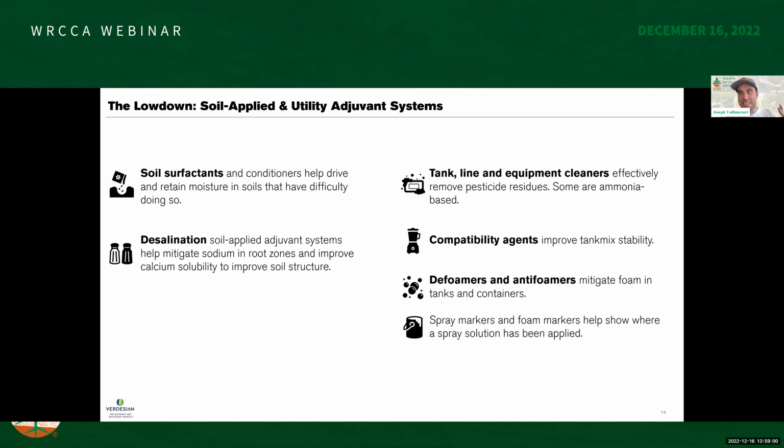Just think about what you really need out of that spray tank environment. Yes, it's easy to just grab that one and put it in the tank every time, but when you're focused on solving one of these spray fail factors versus a plethora of fail factors, you probably get more efficacy out of the one with a narrower scope.